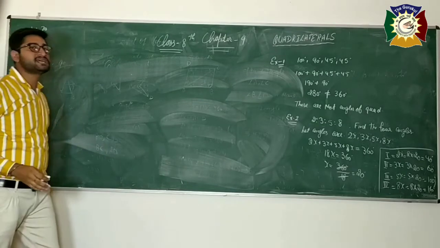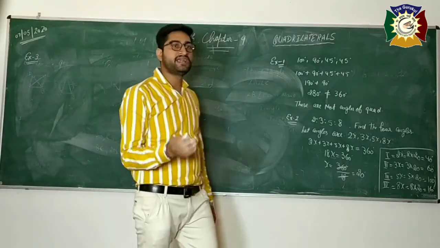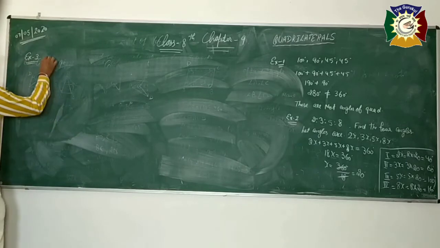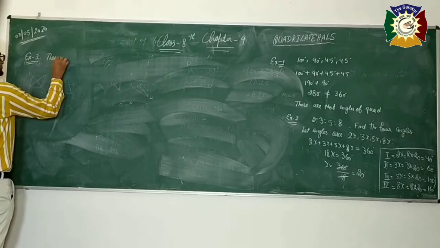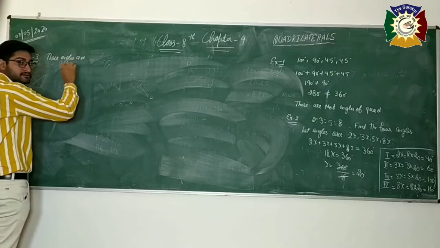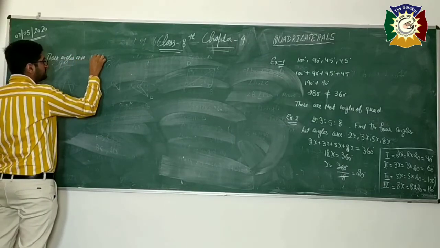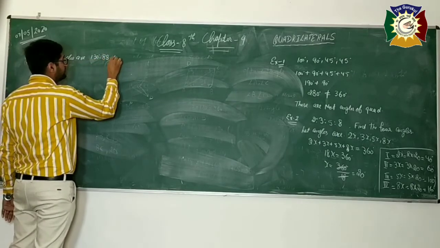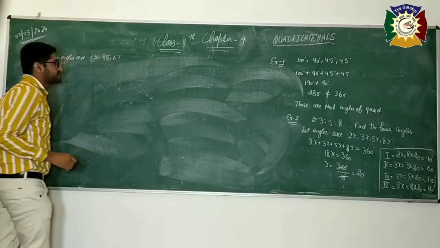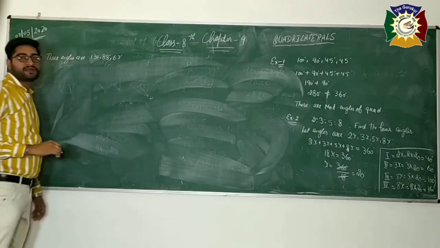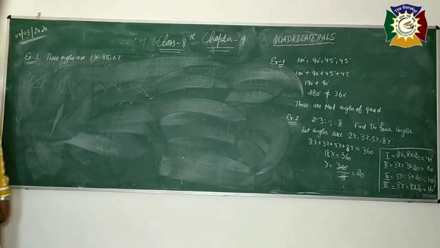If three angles are given and we have to find the fourth angle, suppose the three angles are 130, 88 and 67 degree, and we have to find the fourth angle. So what we do?